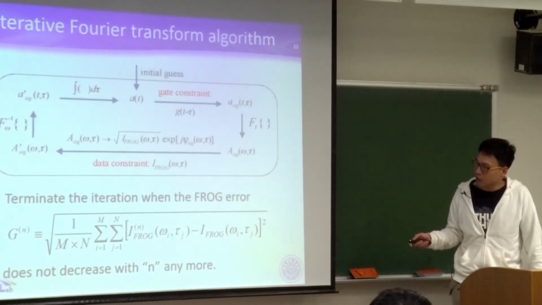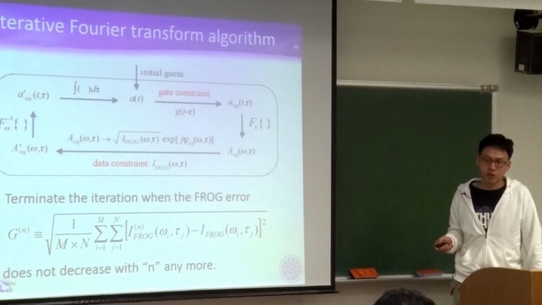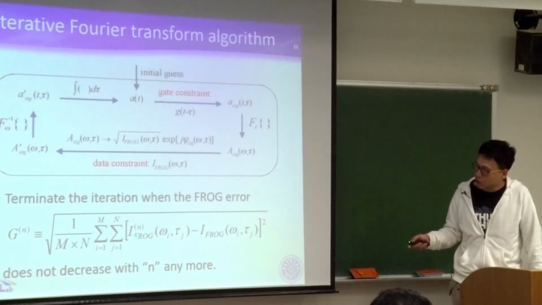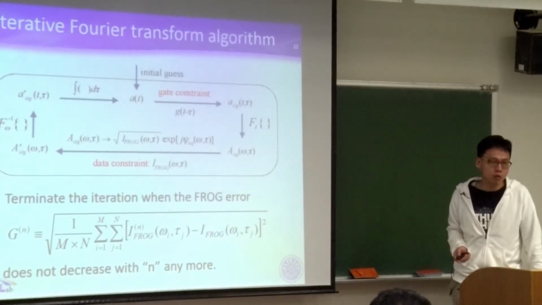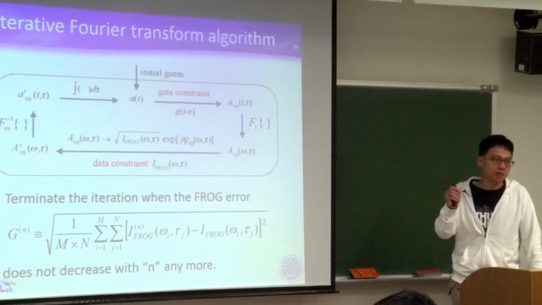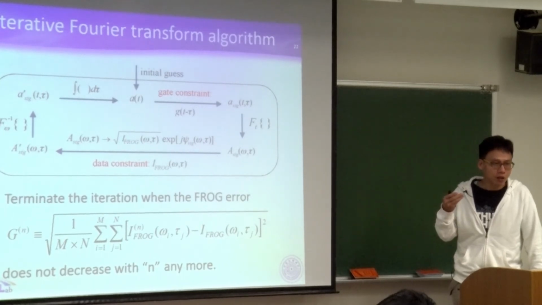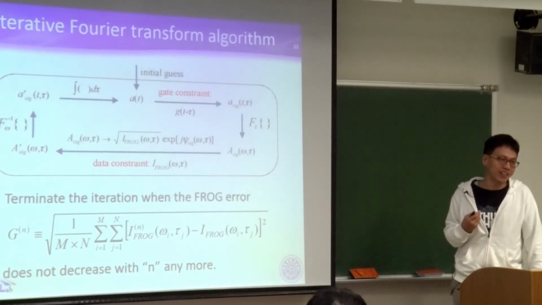So you compare the calculated FROG trace with the measured FROG trace, evaluating the difference point by point. Then normalize to the number of total points. Taking a square root, you get some number. If the number is smaller, that means these two are closer to each other, right?